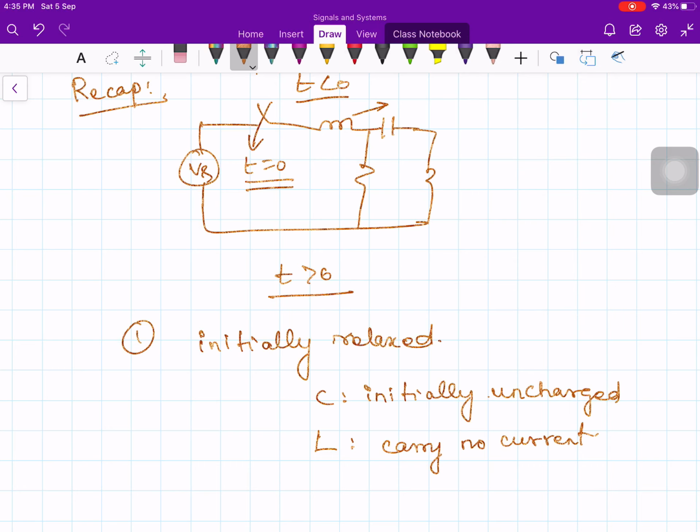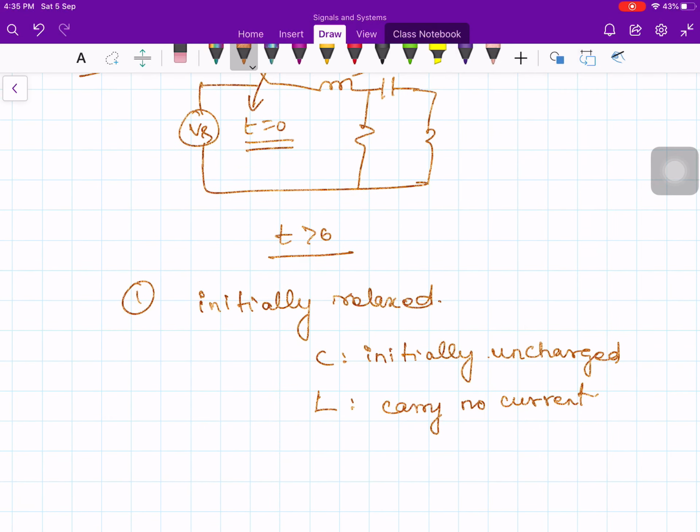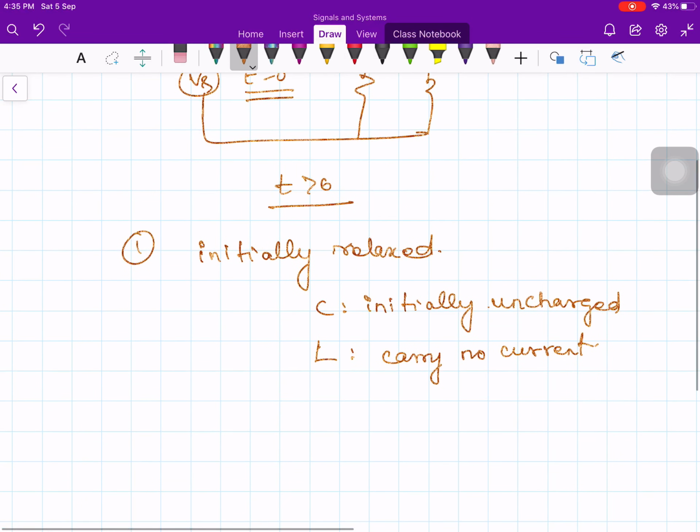That's what we mean by initially relaxed. This assumption of the network being initially relaxed does not entail any loss of generality, because if indeed there are initial charges on the capacitor or initial currents in the inductor, they can be replaced by equivalent sources. It's not a big deal.